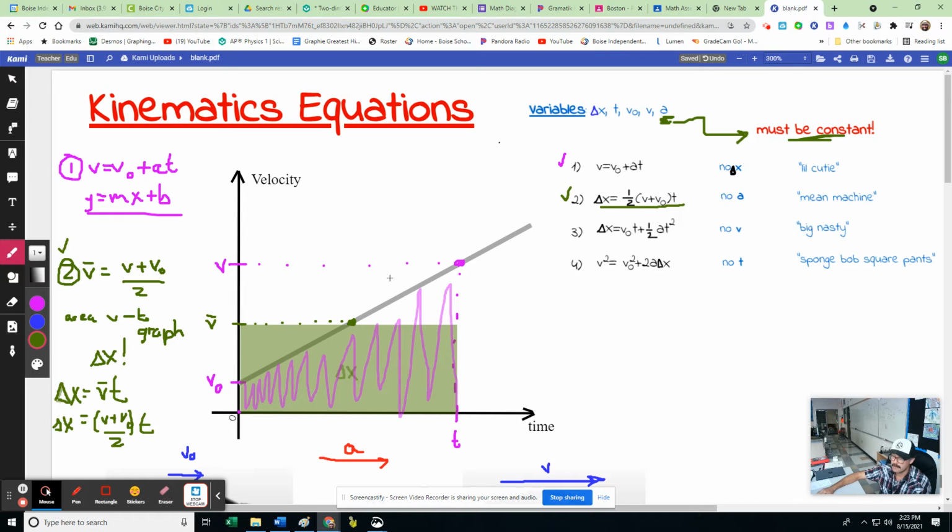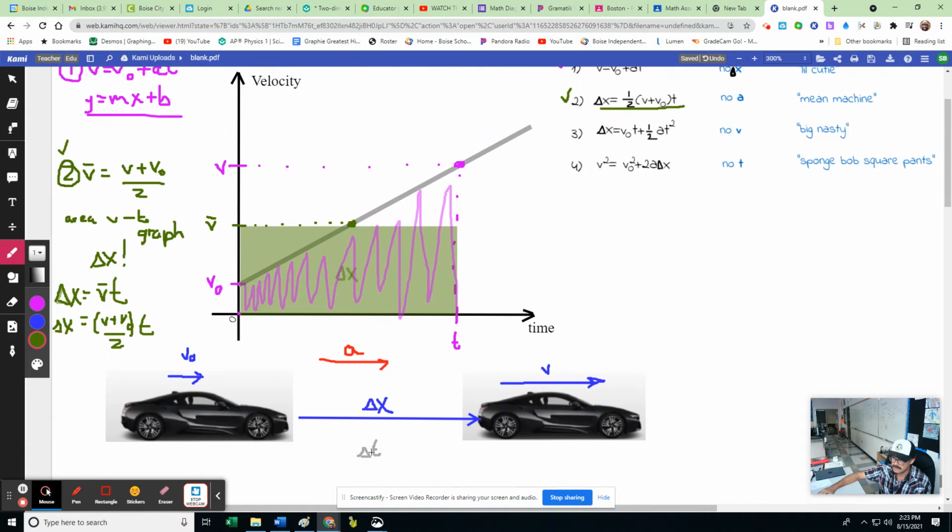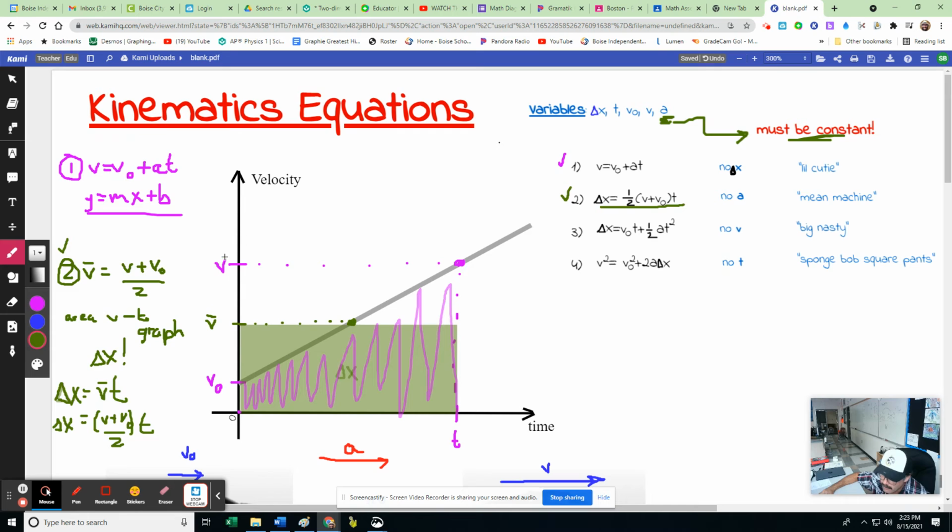Just to recap, that was a little bit choppy, but we know the two velocities that our car starts at and ends at during this displacement are V and VO. We know the average is going to be halfway between there. We have an equation for the average of anything, so the average velocity equation is this. Also, through our physics knowledge, we know the area of a velocity-time graph is displacement.